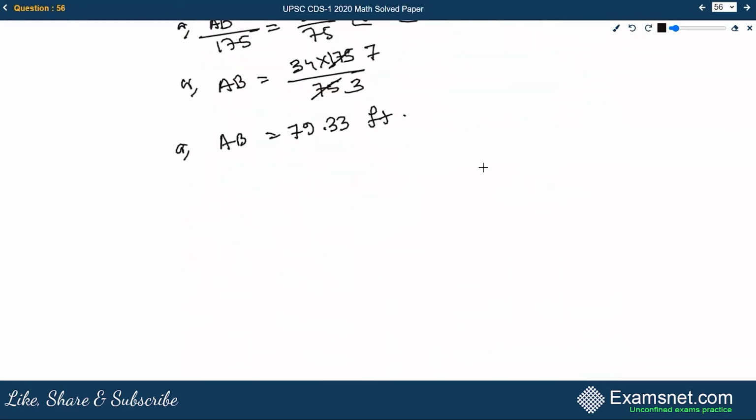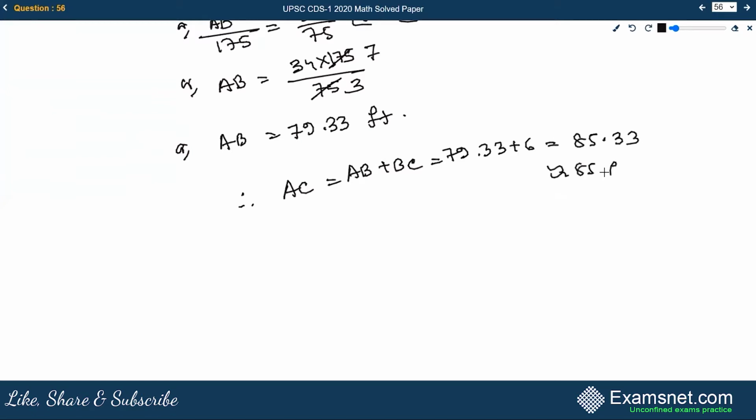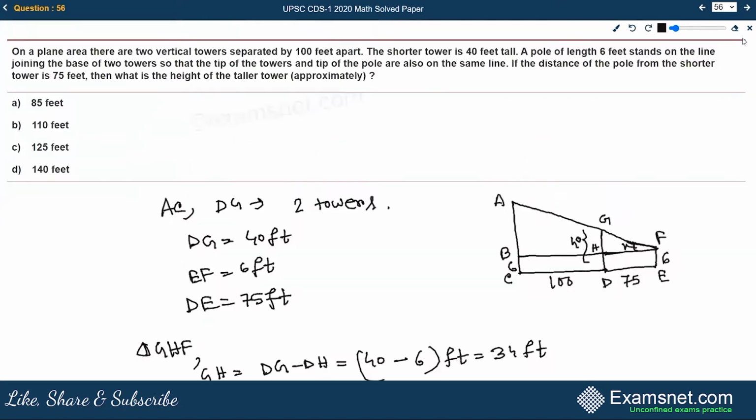So the height of the taller tower, AC, is AB plus BC, 79.33 plus 6 feet, that is 85.33, or we can write 85 feet approximately. So the height of the taller tower is approximately 85 feet. Option A is the correct answer.